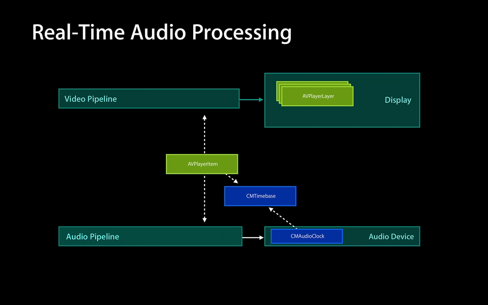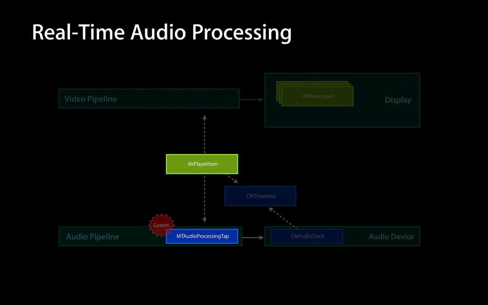We want AV Foundation to do the audio decode for us, but we just want to get at those audio samples, manipulate them a little bit, and then send them on their way. And for that, we're introducing a new object, the empty audio processing tap. It's your opportunity for doing customized audio effects using AV Foundation.